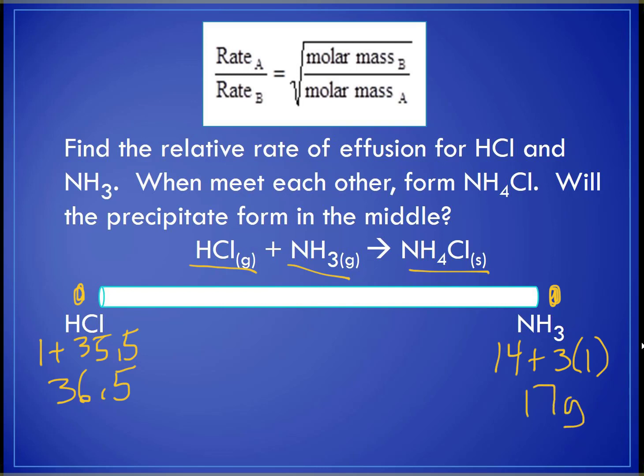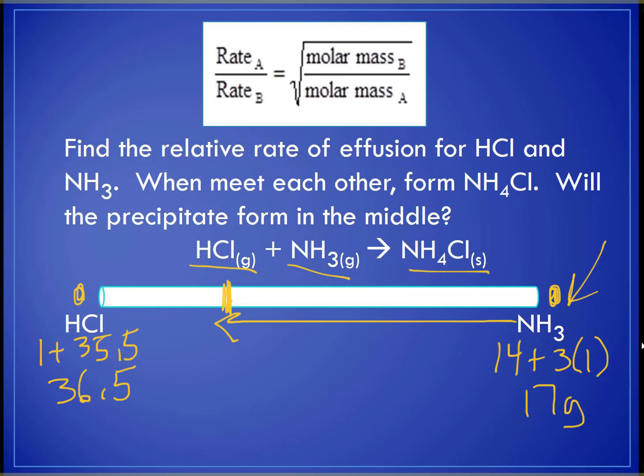So which gas is going to travel faster? Well, you're right, it's the ammonia. When put into the straw at the same time, the ammonia will race down and catch the HCl right here. So the ammonia travels about half as much distance as the hydrochloric acid gas.